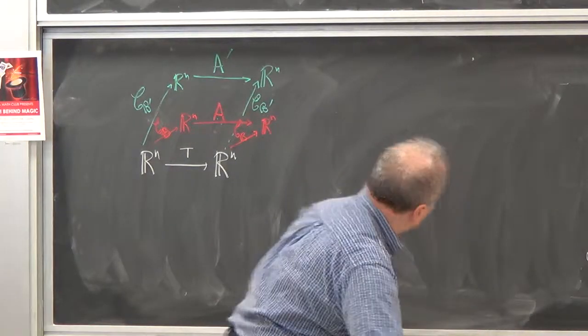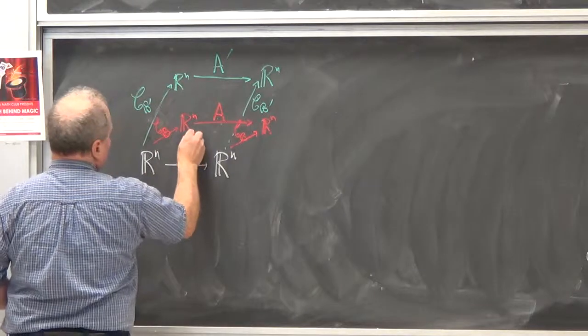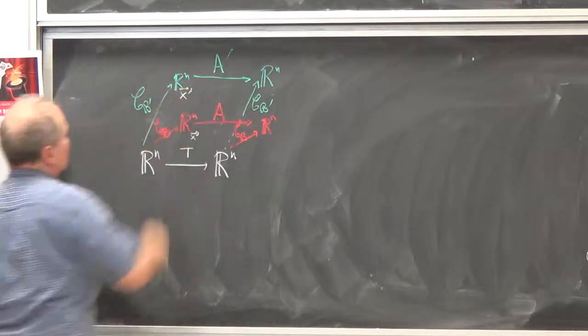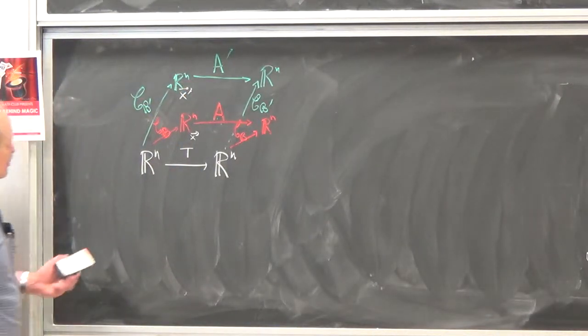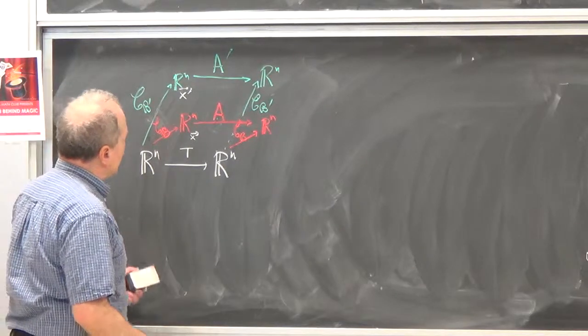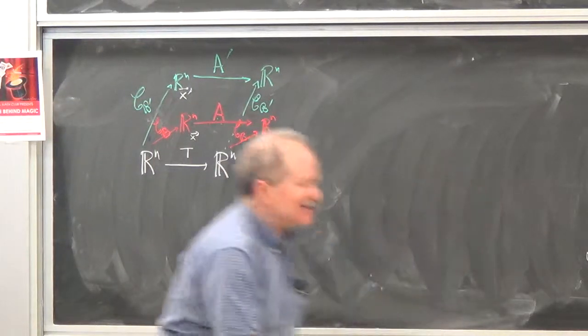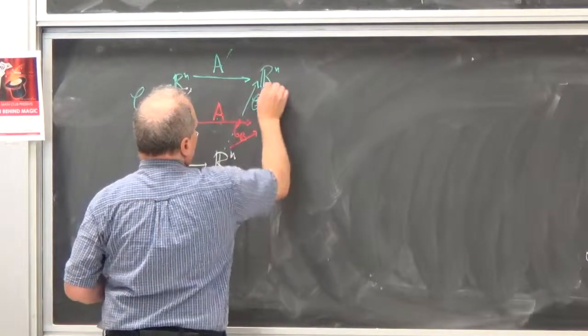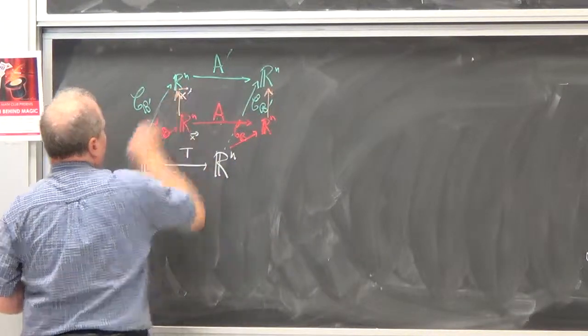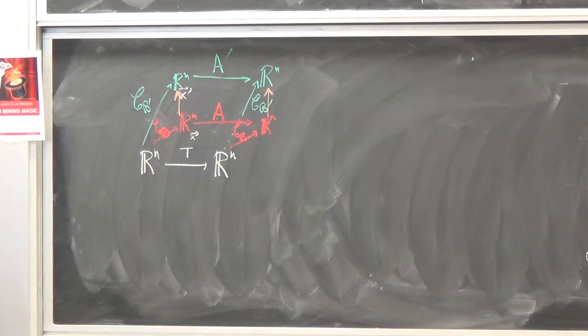So this is where X lives, and this is where X prime lives. Well, clearly I can draw in arrows here. And P is there somewhere, right?